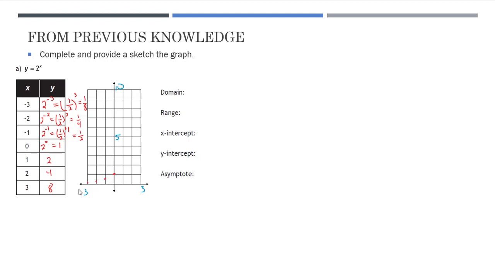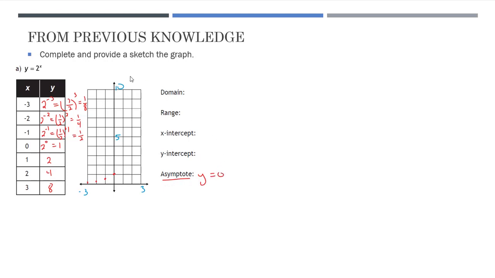Just make sure it's not actually on the axis, because this is never going to hit the axis. You have to think, no matter how many times we keep on halving this, it's never going to reach 0. We're going to be a very, very tiny number, but it's never going to be 0, which means we do have an asymptote there of y equals 0.